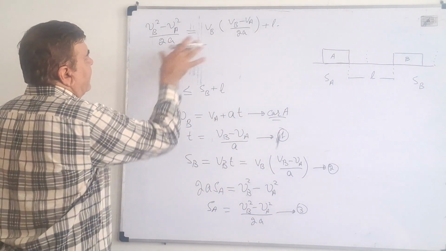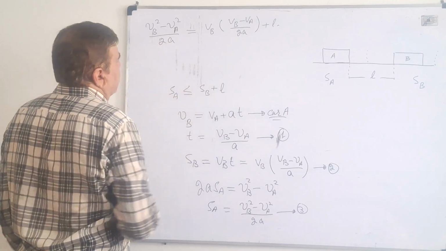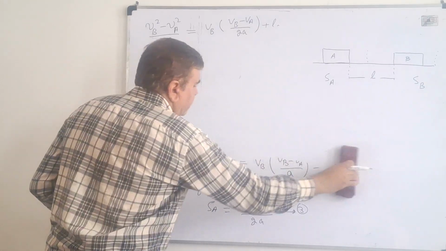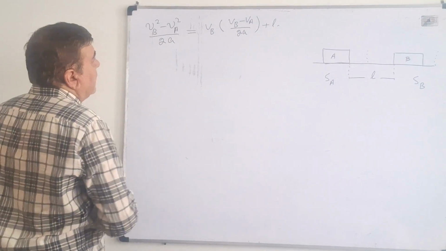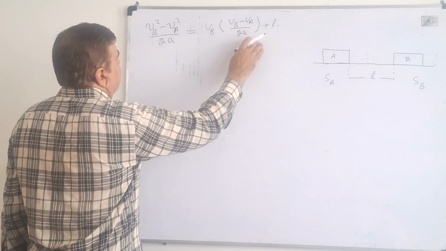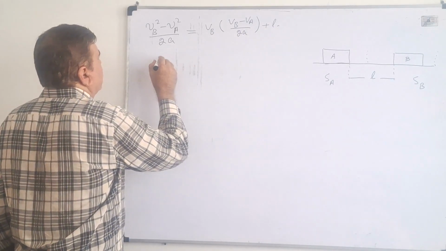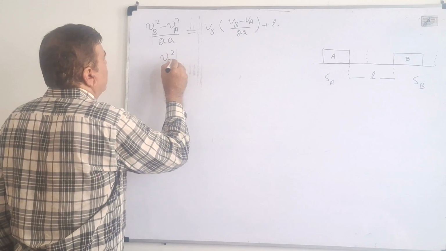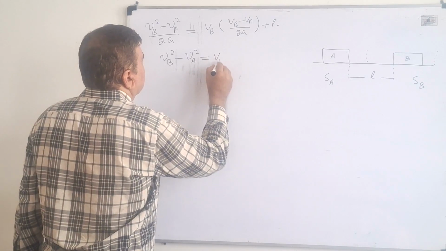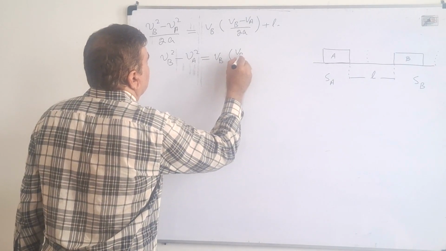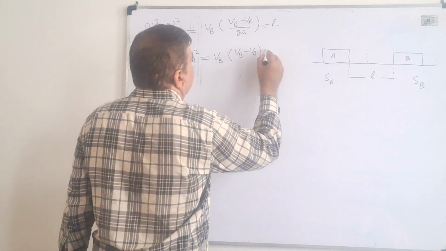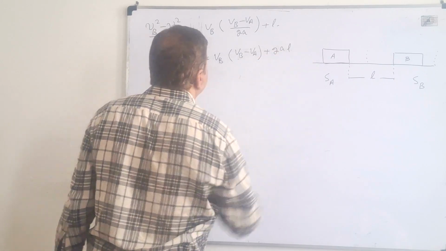Now I want to solve this relation for acceleration A. I can solve this by multiplying both sides by 2A. It would give me VB squared minus VA squared equals VB times (VB minus VA) plus 2AL.